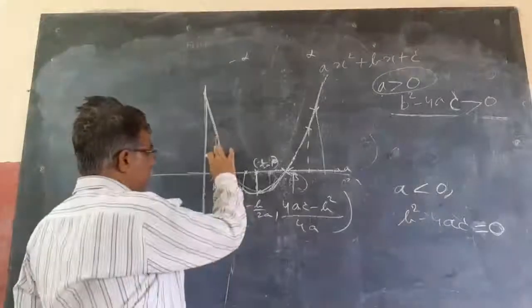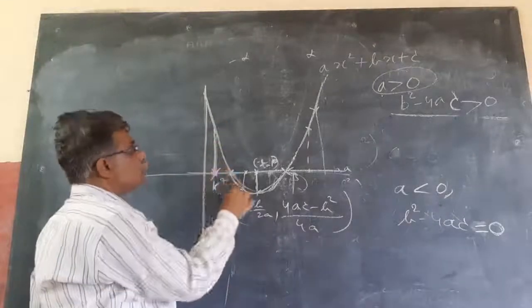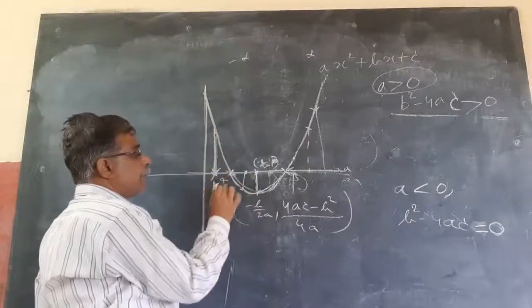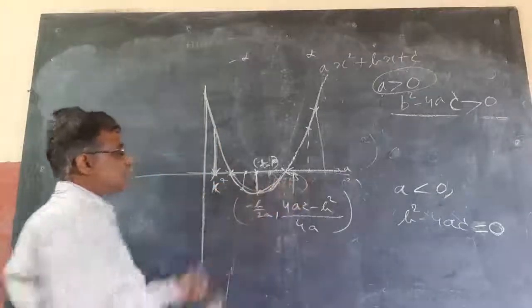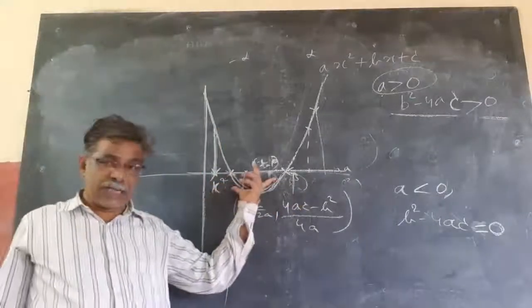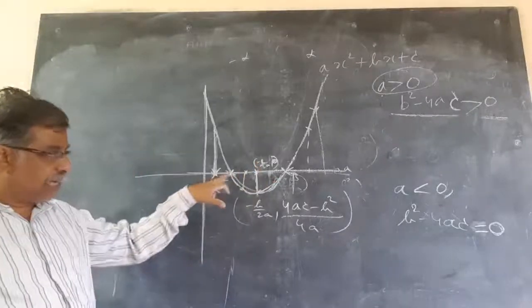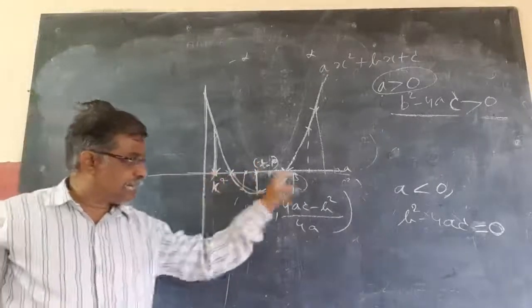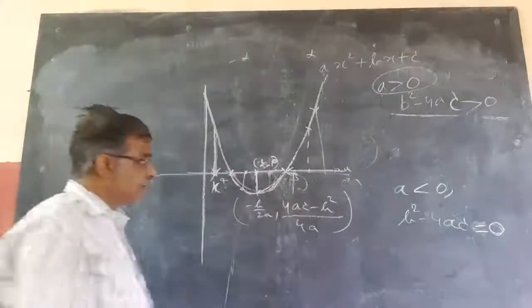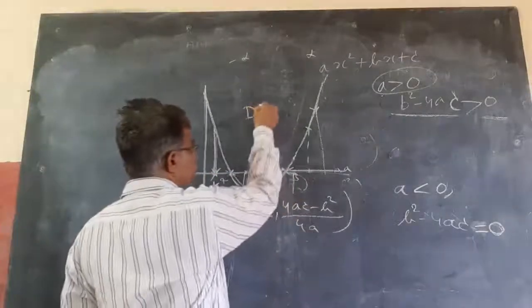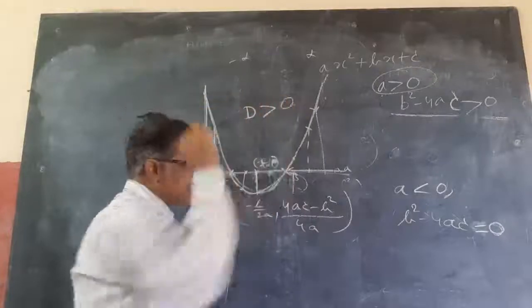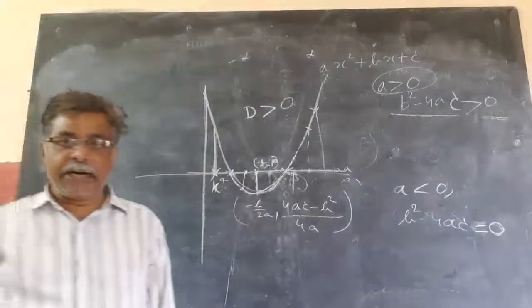And one more important point I want to say: k is here, and both the roots are exceeding k. Observe clearly, both the roots exceeding k means there are two real roots. Whenever an equation contains two real roots, the discriminant must be greater than 0.